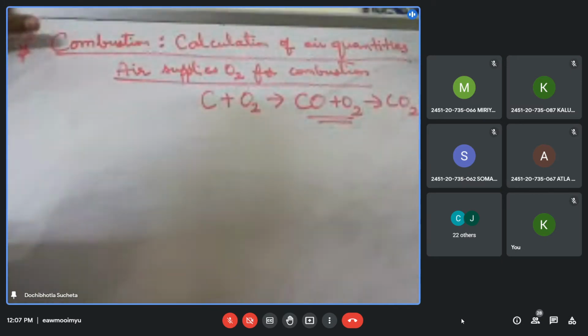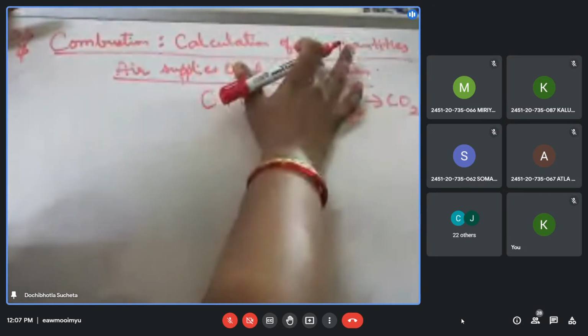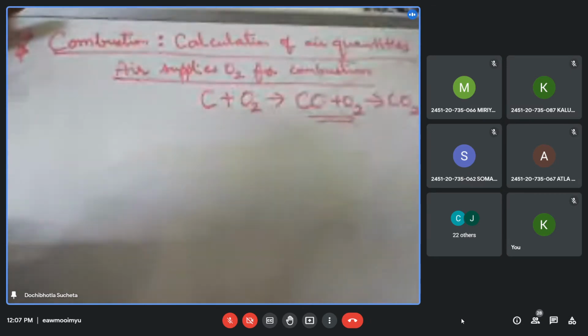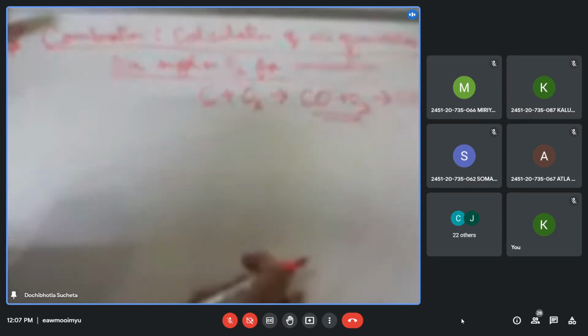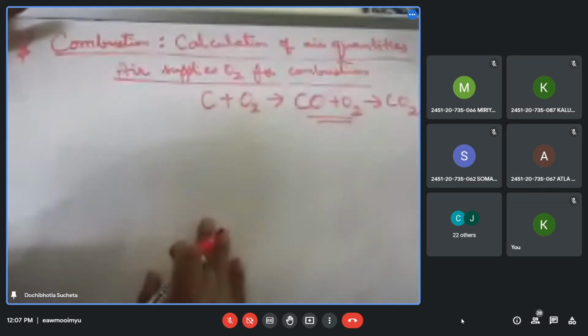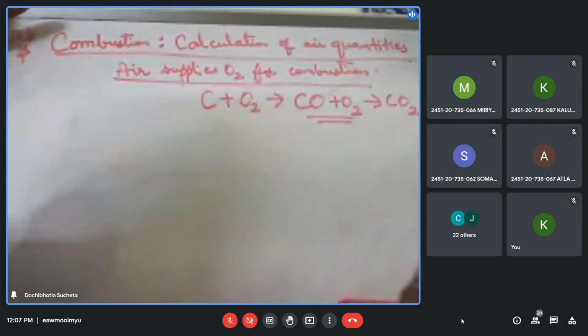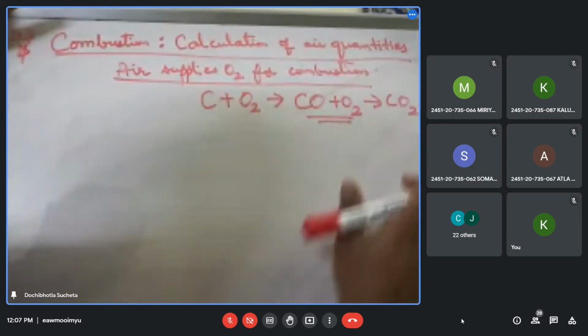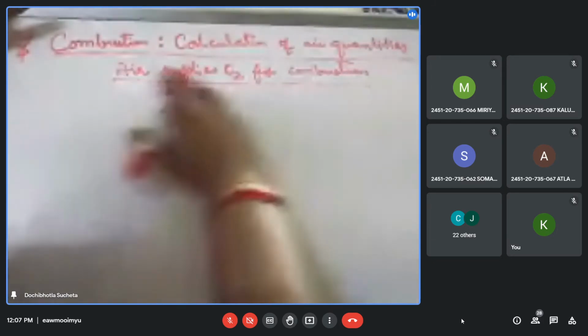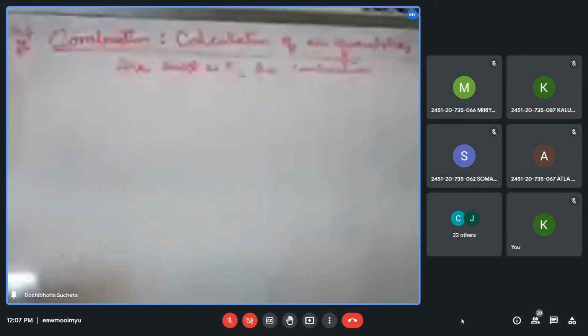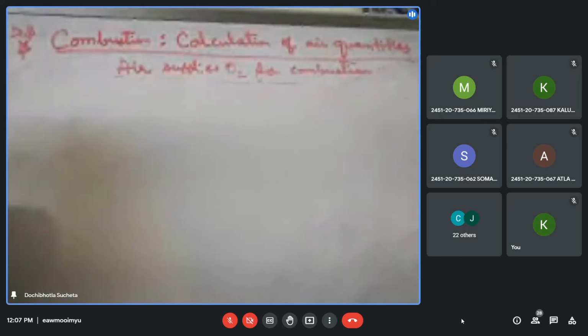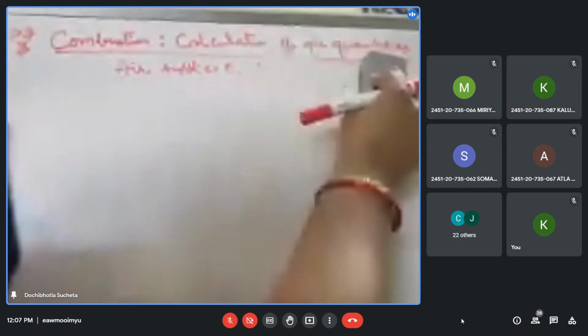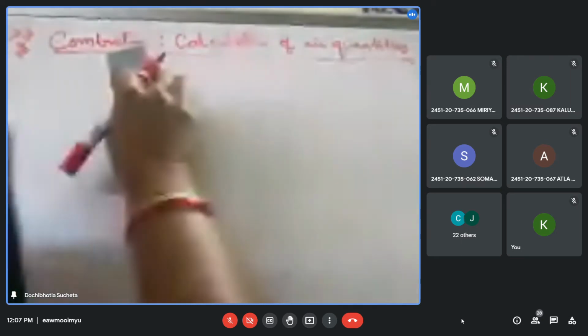Hence calculation of air quantities is very important to ensure complete oxidation of the fuel. There are some 8 to 9 rules generally used for the calculation of air quantity. Point after point we'll write the rules, 9 rules, and we'll stop the session today.